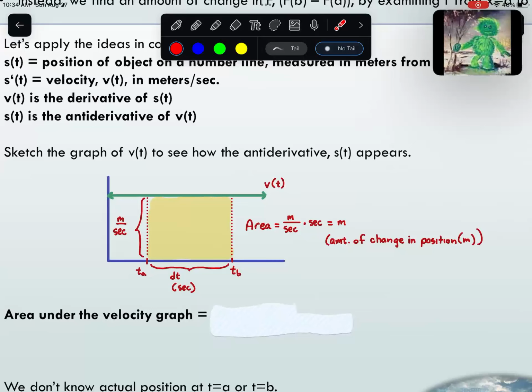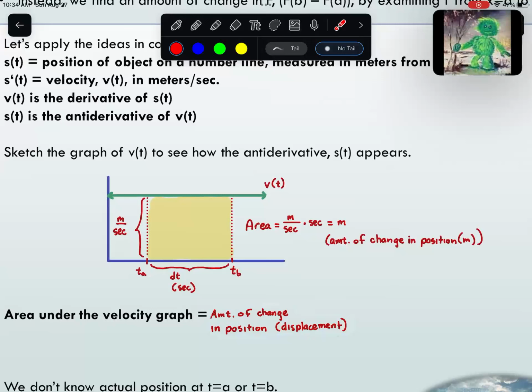Okay. So my result, my area, is not a velocity anymore. It's an amount of actual change measured in meters. From time A to time B, how much did the position change? The amount of change in position is what we're finding when we calculate this area below a velocity graph. And there is a special word for amount of change in position that you've probably heard before.